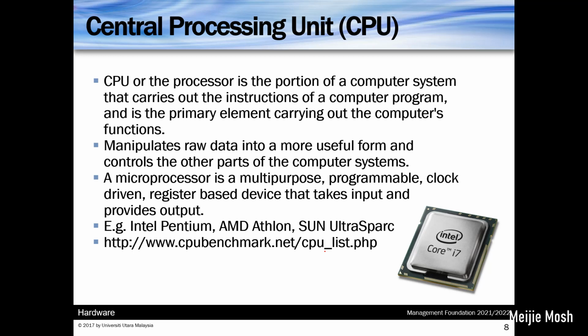The CPU is placed into a specific square-shaped socket found on all motherboards by inserting its metallic connectors or pins found on the underside. Each socket is built with a specific pin layout to support only a specific type of processor.